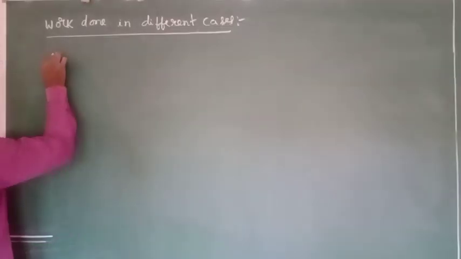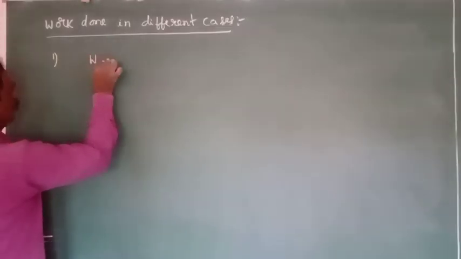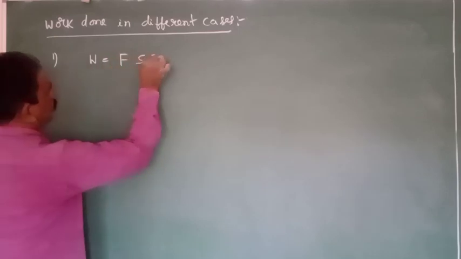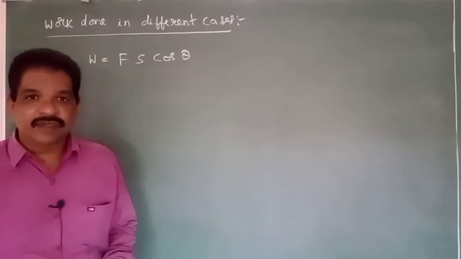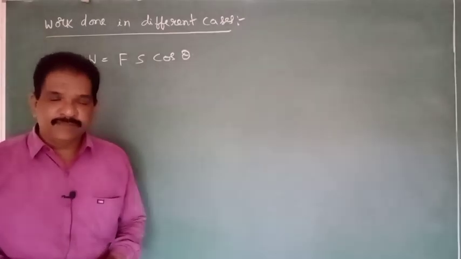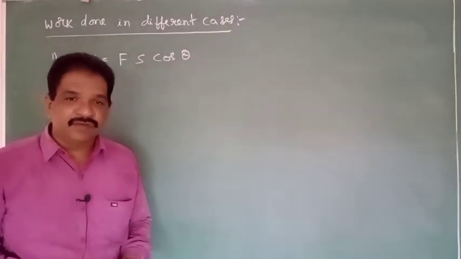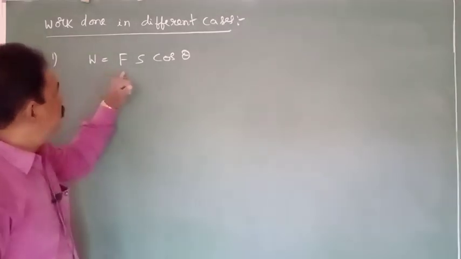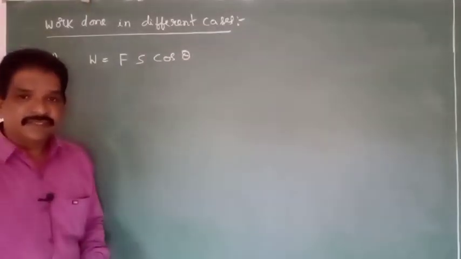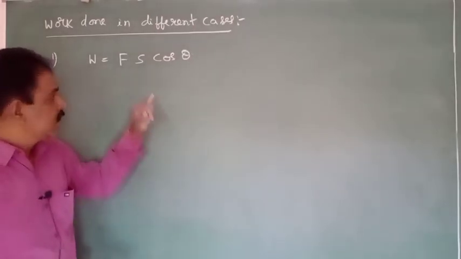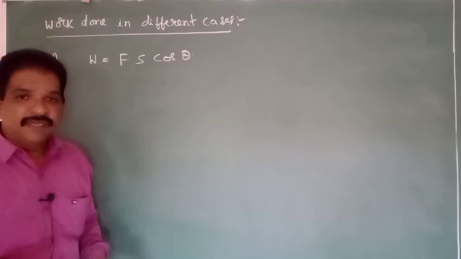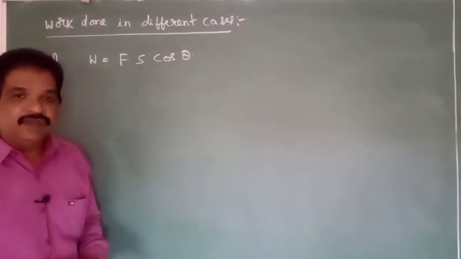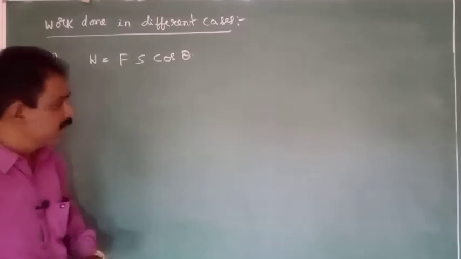First one, the basic formula for calculating the work done is W = Fs cos theta. Clear understanding? So here F is force, S is displacement, theta is the angle between force and displacement.